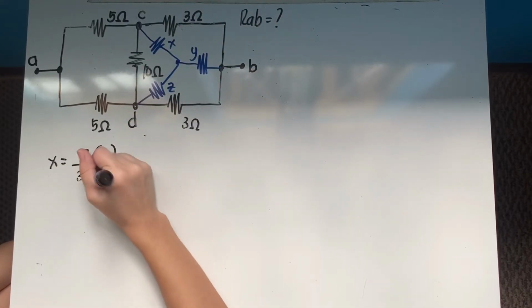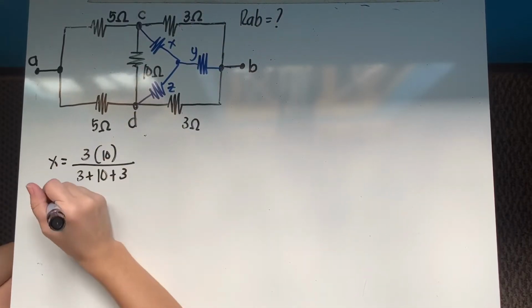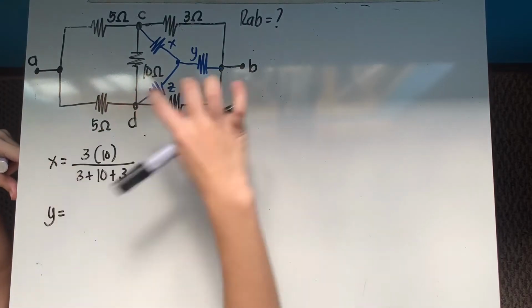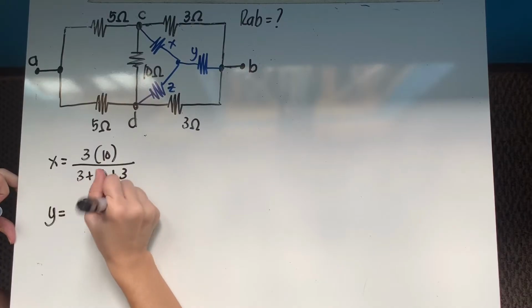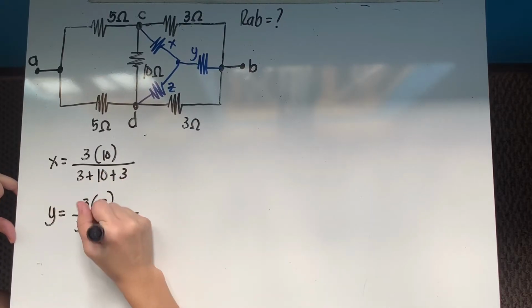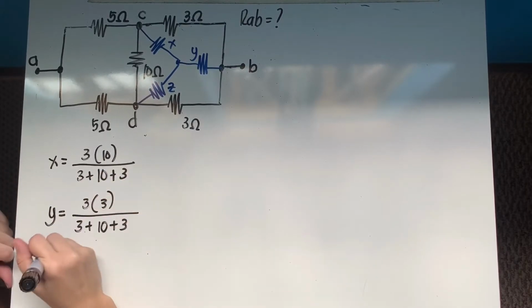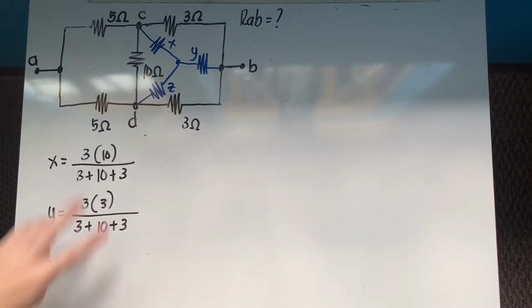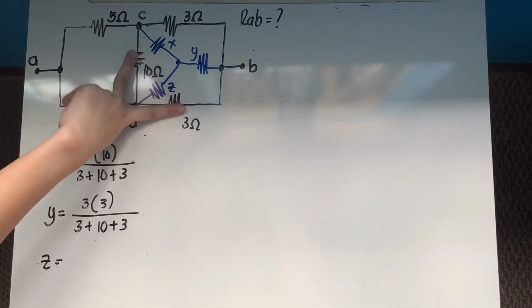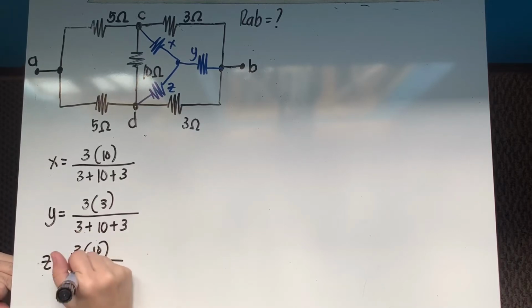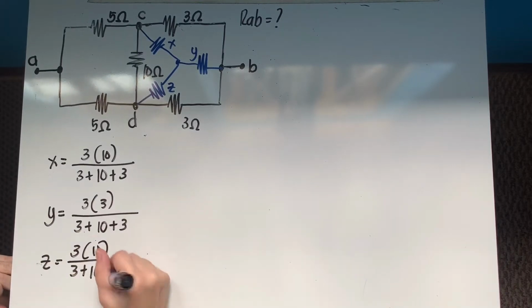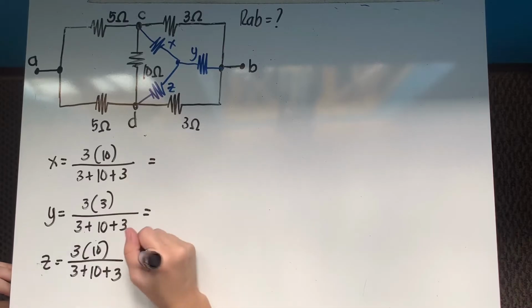That would be 3 plus 10 plus 3. And then for Y, yung umiipit sa kanya, that's 3 times 3 all over the same denominator. And then for Z, yung umiipit kay Z, so 3 times 10 ulit, pares ni X. All over 3 plus 10 plus 3.